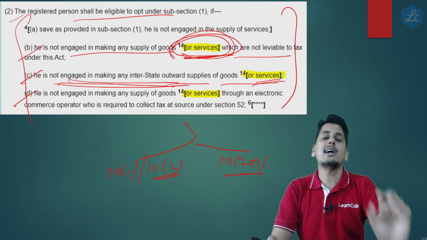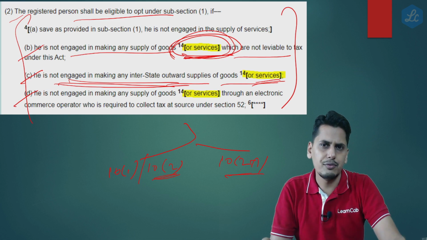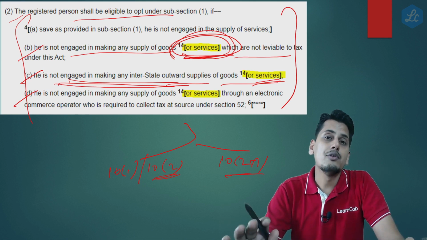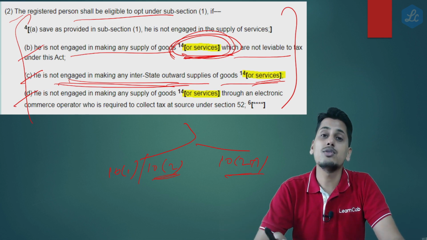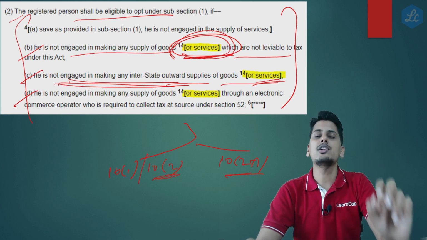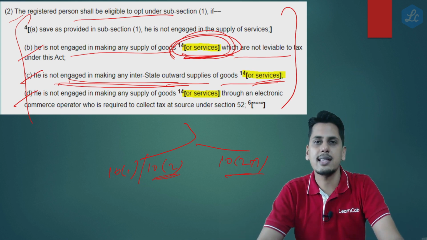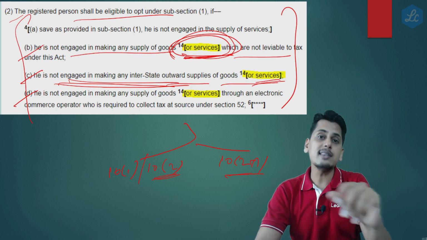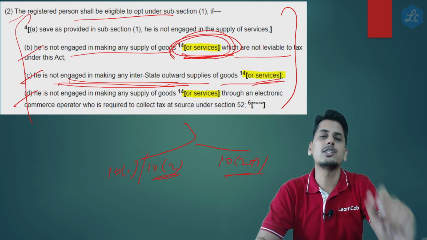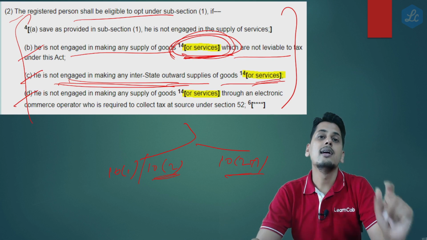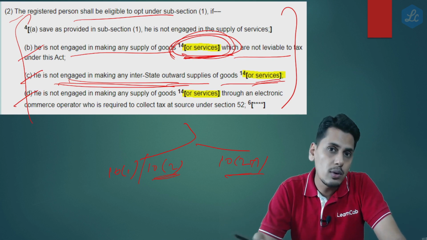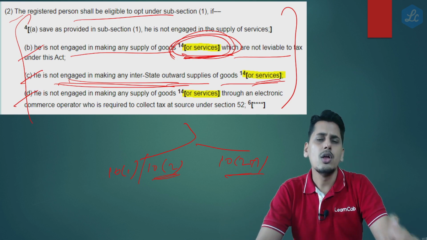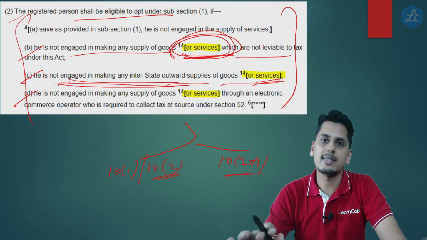Friends, as regards restaurant services, food related services, there is no restriction at all. Up to the entire threshold of 150 lakhs or 75 lakhs as the case may be, these services can be supplied. As regards other services, there is an inner threshold on it. The inner threshold is 10% of turnover in the state in the preceding financial year, or rupees 5 lakhs, whichever is higher.